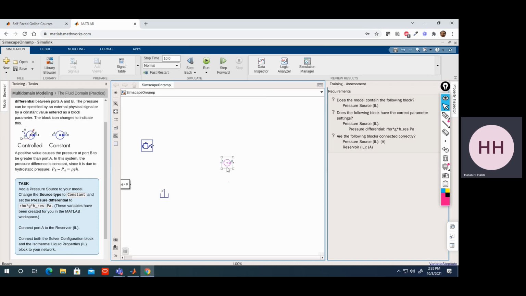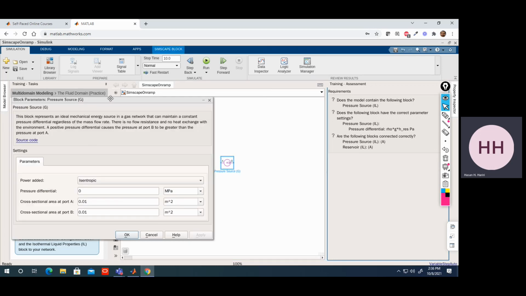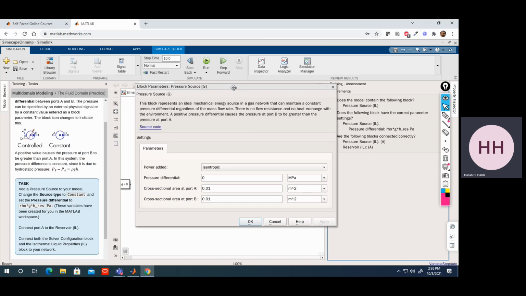And change the source type to constant, and set the pressure differential to the following values defined by MATLAB.